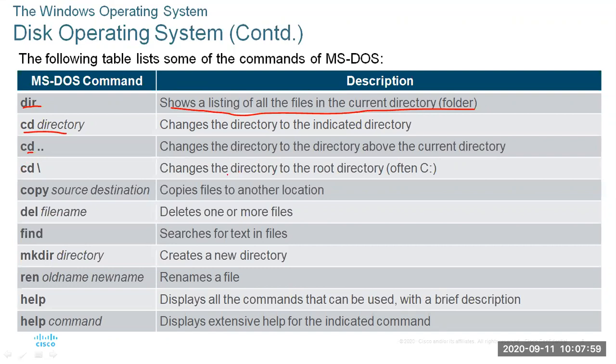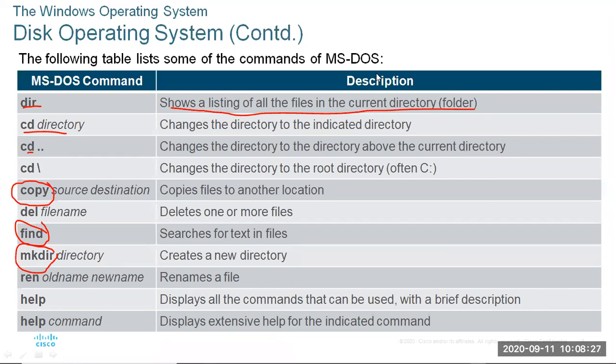If you do cd slash, you change the directory to the root C directory. You can copy files from one location to the other by using the copy command. You can delete files, you can find or search for files, you can create folders, that's make directory. You can use the help command and stuff like that.